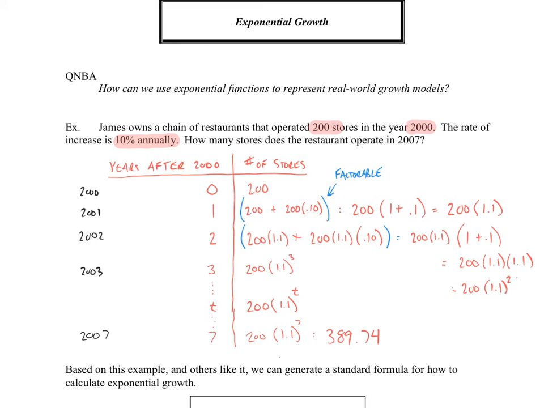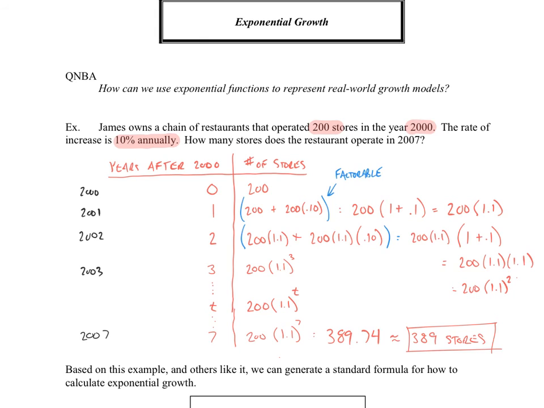And we've got a decimal. We know that you can't open up 0.74 stores. You can't open up just half a store or just 74% of a store. So because they didn't open a full extra store, the amount of stores that was opened was 389 stores. And that's how many exist in the year 2007.